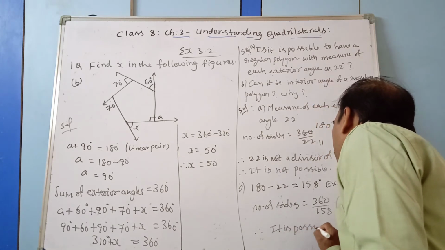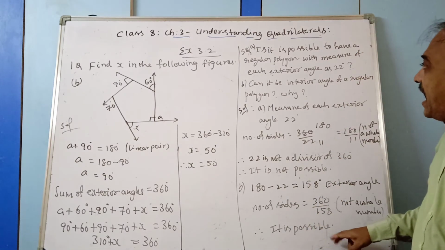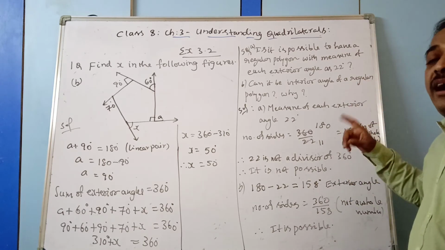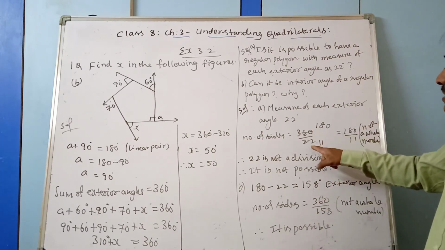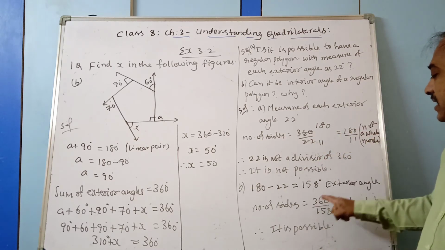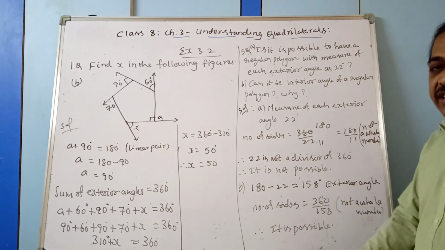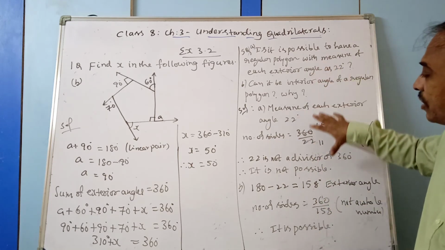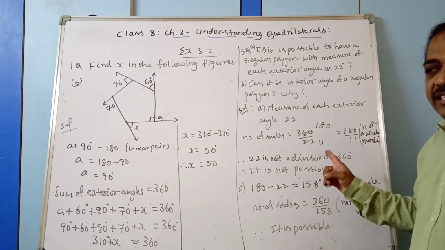Having 22 degrees as an interior angle is also not possible, because 158 is not a divisor of 360 degrees, just as 22 is not. So therefore it is not possible. I hope it is clear. It is clear? Right.